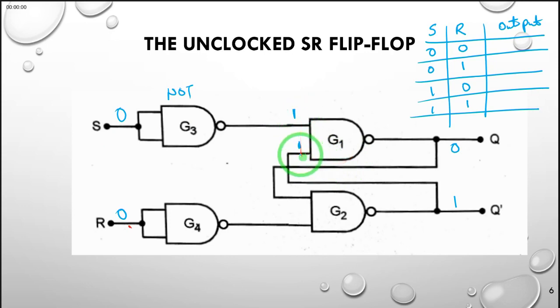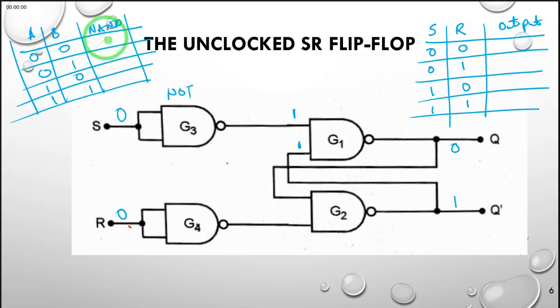When you give a 1, 1 to a NAND gate, we know that we can always draw the NAND gate truth table here. We normally see that the output is 1, 0, 0, 0. So when we have 1, 1, we can see that the output here is 0, and therefore since our output was 0, after the application of a 0 in S, the output has not changed.